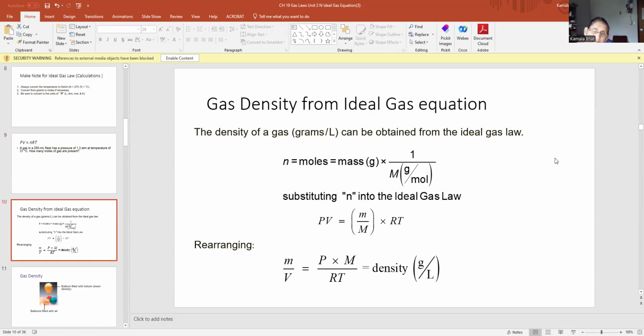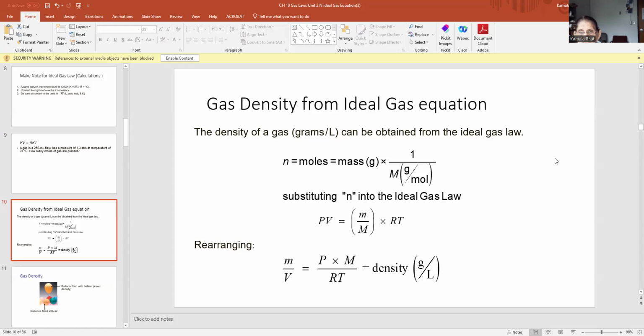Now, using the ideal gas equation, how do we calculate the density of a gas? We know that the number of moles is mass divided by the molar mass in grams per mole. Substituting n in the ideal gas equation, we get PV is equal to m divided by capital M times RT.